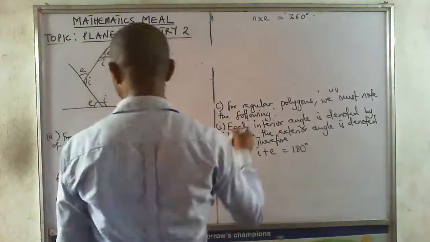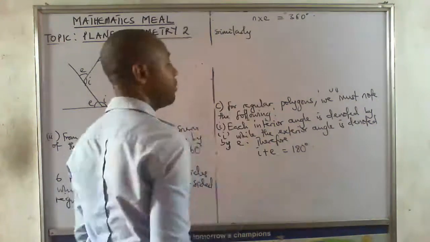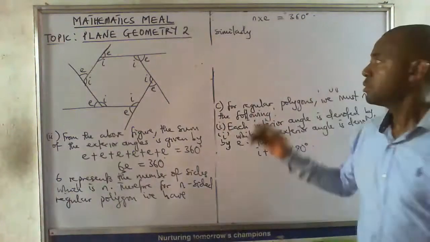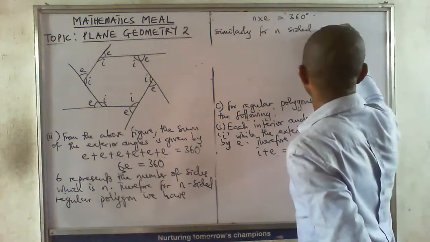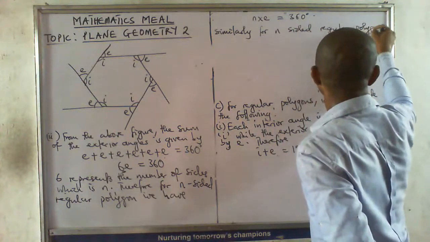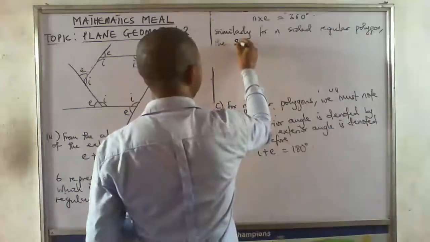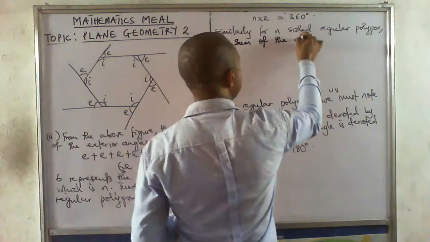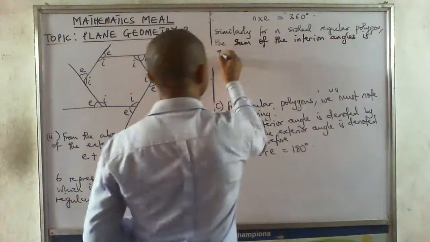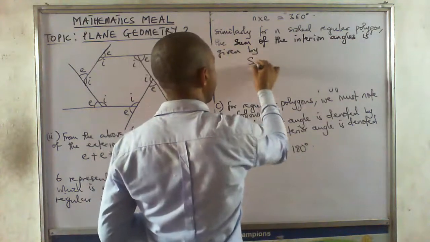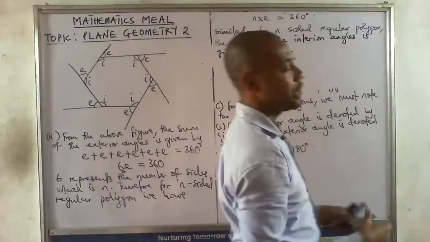Then, similarly, for an n-sided regular polygon, the sum of the interior angles is given by S n equals n times I, where I is each interior angle and n is the number of sides.